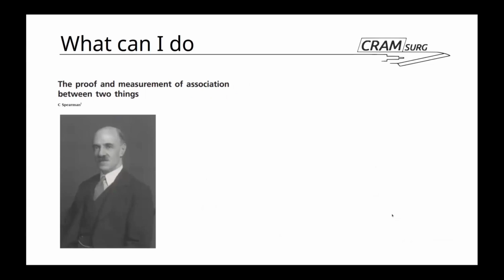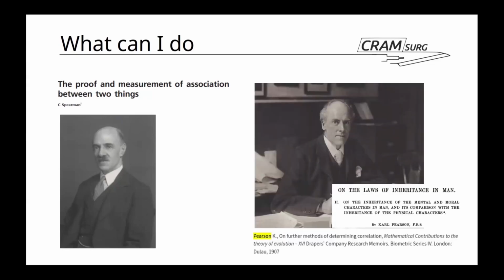So Spearman said, well, actually, I have an idea that might fix this problem. He published a number of papers on it, particularly the one that you can see on top of his portrait, saying that he could fix the problem that Carl Pearson couldn't fix. And obviously, Carl Pearson wasn't particularly impressed with that, so he published a few papers in response.